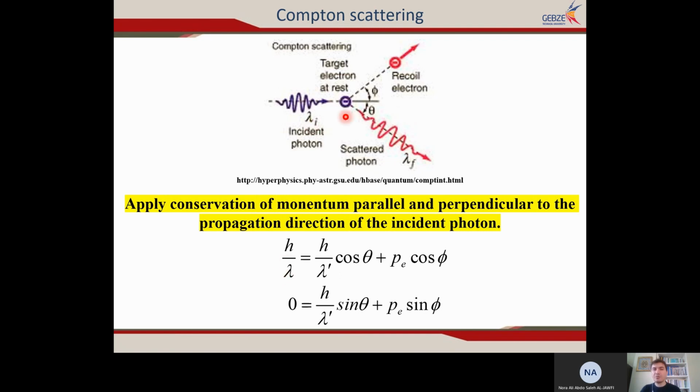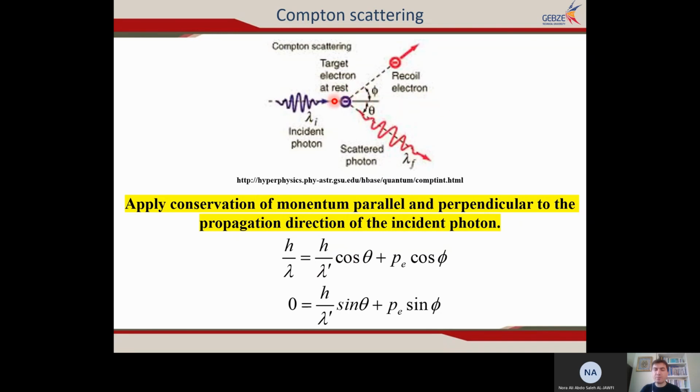And what is the momentum of the electron here before the collision? Momentum of the electron is 0 because it is at rest. So we have nothing else here. And on the right side, after the collision, after the interaction, this is before the interaction, this is after the interaction, we have momentum of the scattered photon along the x-axis, given by h over lambda prime, or lambda final, let's say, times cosine theta.